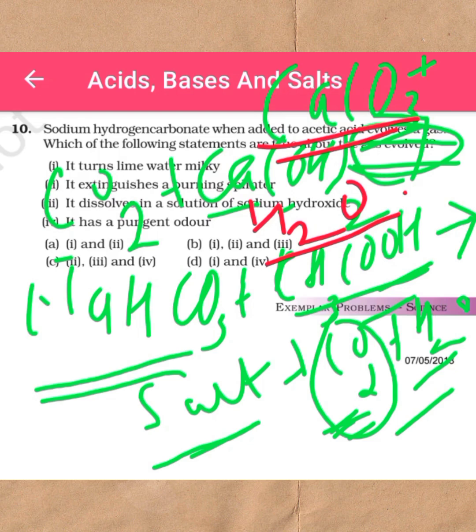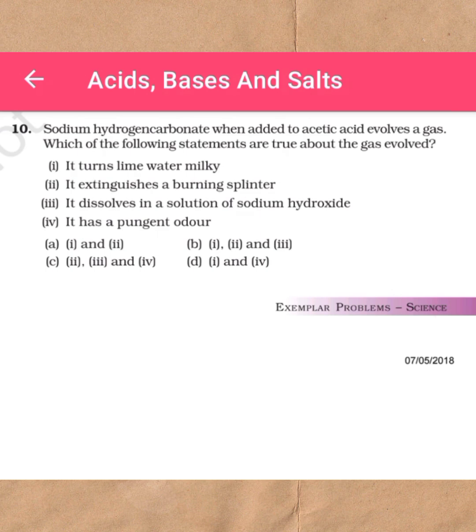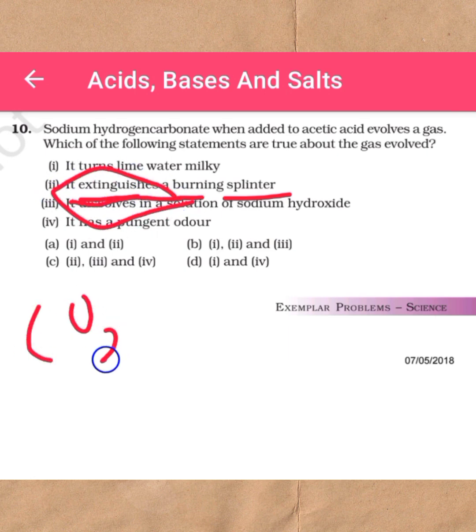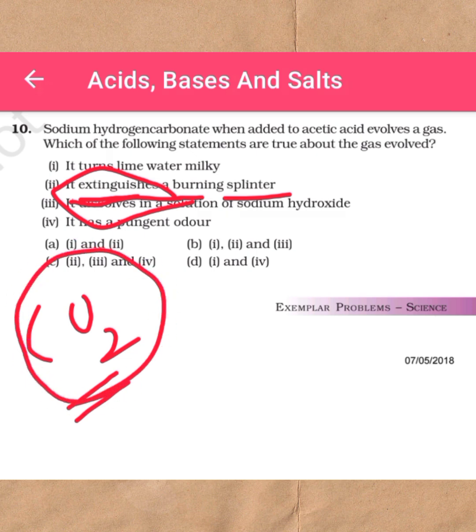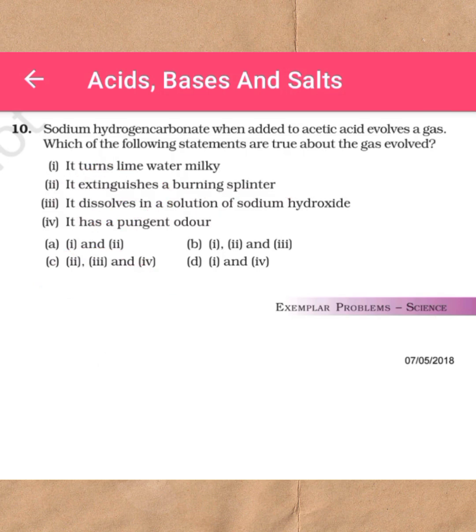The color changes, that is whitish in nature, or the cloudy nature of the solution will appear. Next is, it extinguishes a burning splinter. The function of an extinguisher is usually done by carbon dioxide. Carbon dioxide gas is used as an extinguisher.